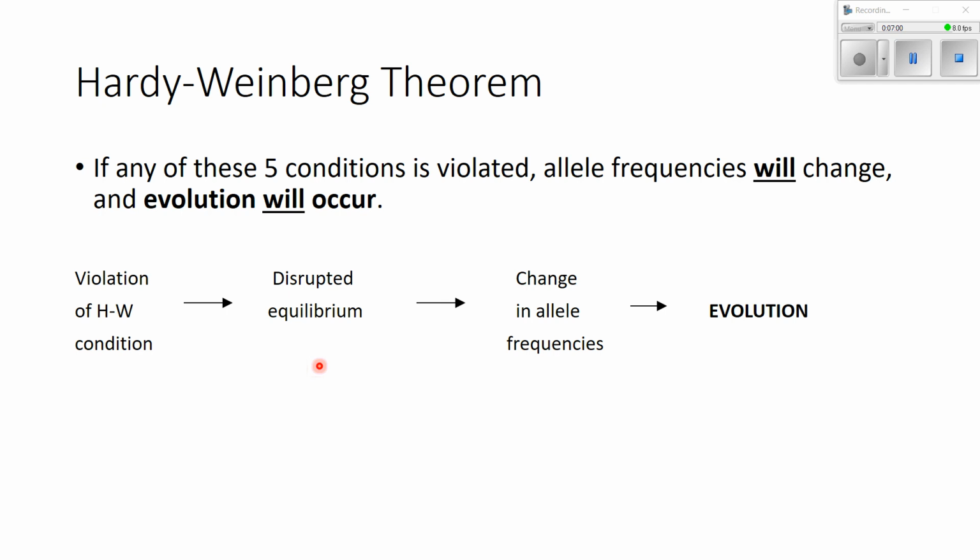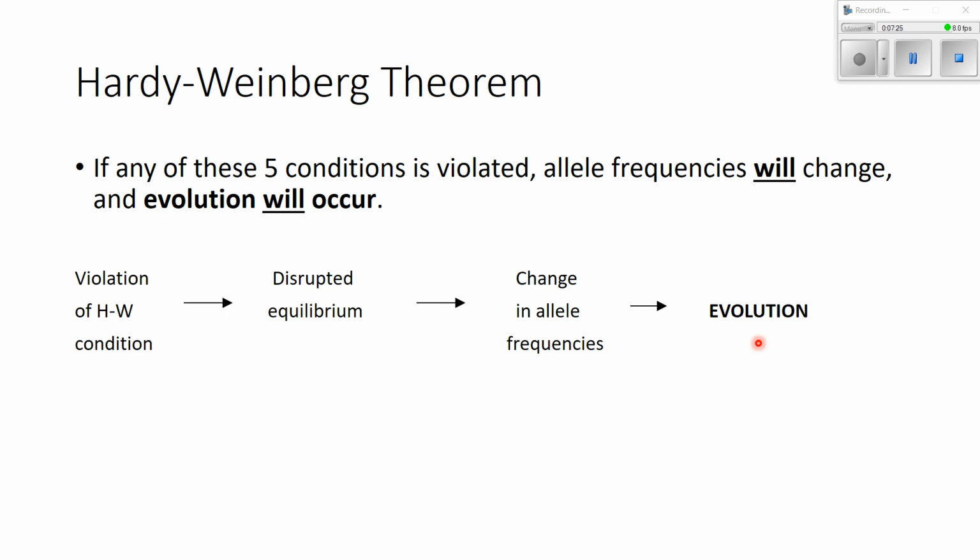Now let me explain. Hardy-Weinberg equilibrium is when P and Q values are locked in. They are not changing from one generation to the next. But if you violate any one of the 5 conditions, then that equilibrium will be disrupted. Allele frequencies will change. And by definition, evolution has occurred.